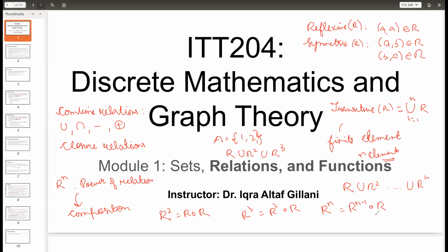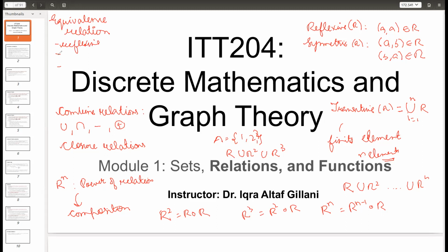And the last thing we discussed yesterday was an equivalence relation. So what is an equivalence relation? When do we say a relation is an equivalence relation? Yes, it needs to satisfy 3 properties. It needs to be reflexive.